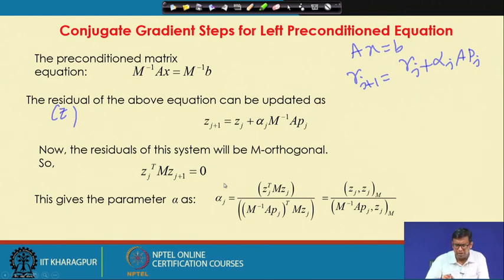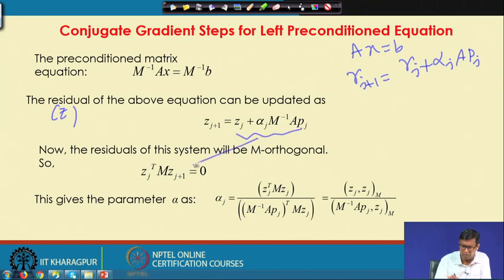That gives the parameter alpha j as z j transpose M z j divided by, if we substitute z j plus 1 here, M inverse A p j transpose M z j.